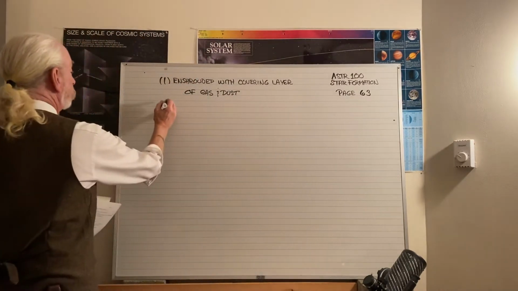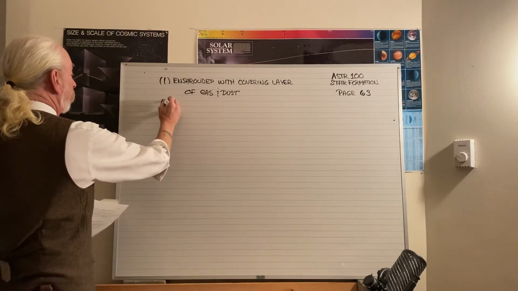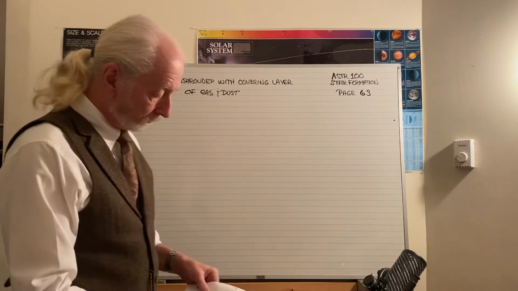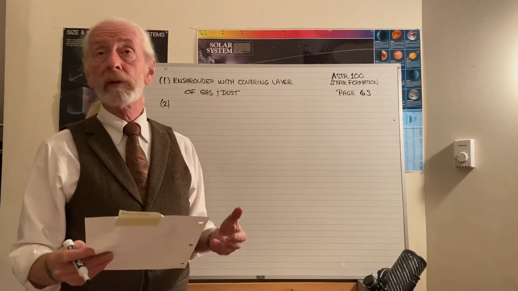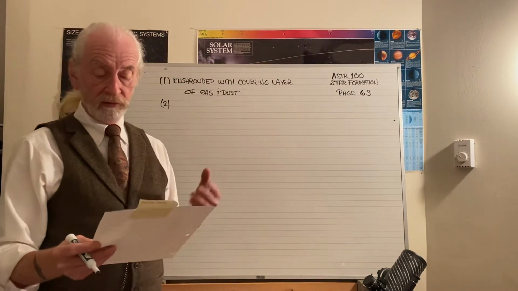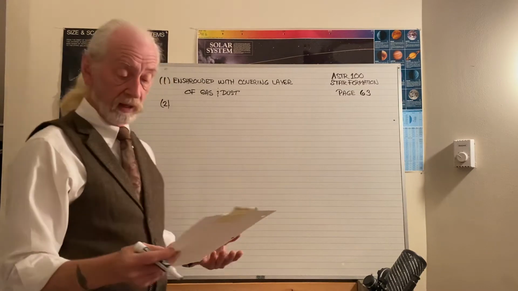Number two, radiation and outflowing gases eventually reach a level that halts the flow of infalling gases and dust.